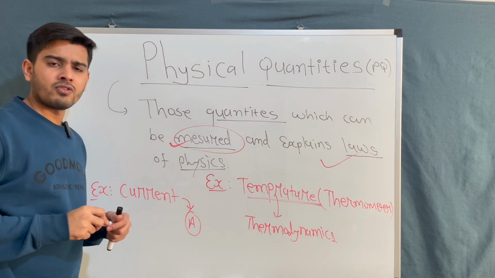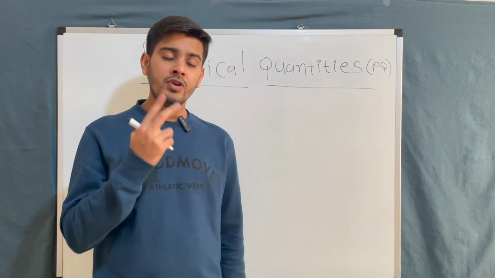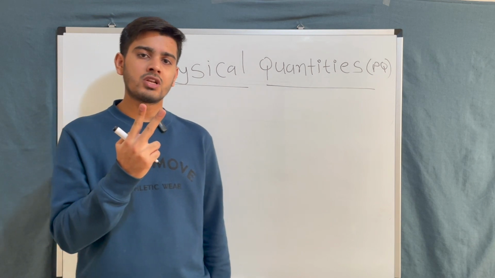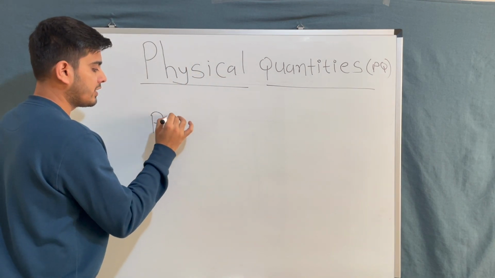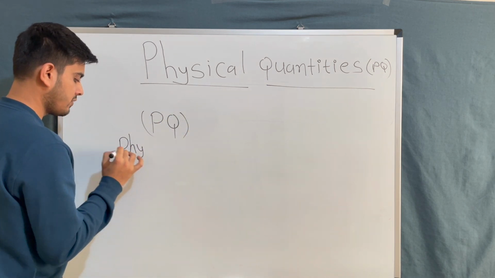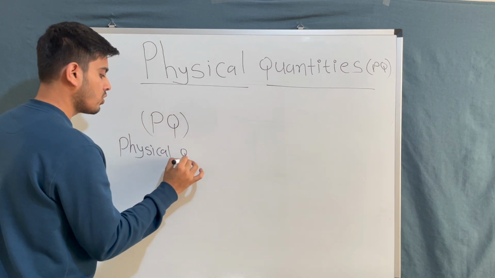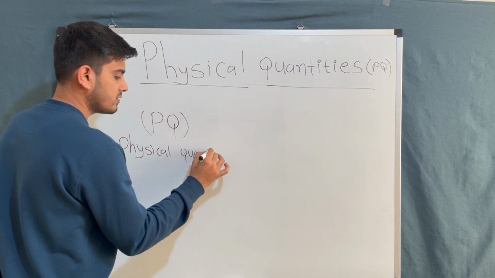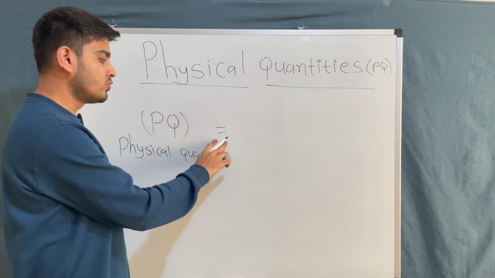We have lots of physical quantities. But how do we represent physical quantities? We need two things to represent physical quantities. Physical quantity in short form is PQ. Let me write down the full name, otherwise you will get confused. Physical quantities need two things.